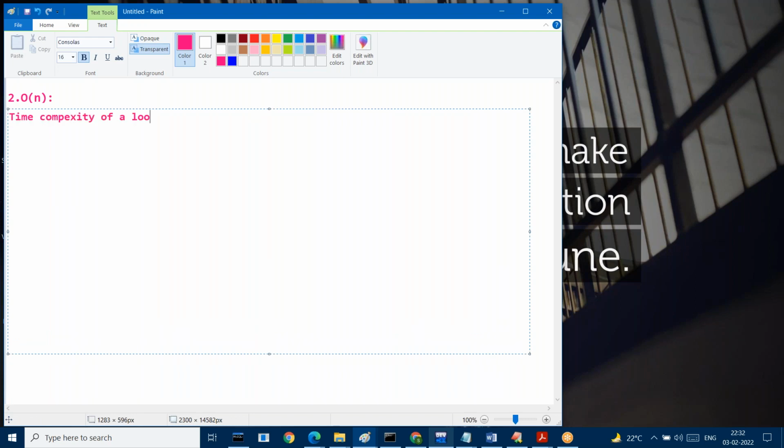The time complexity of a loop is considered as big O of n if the loop variable is incremented or decremented by a constant amount.